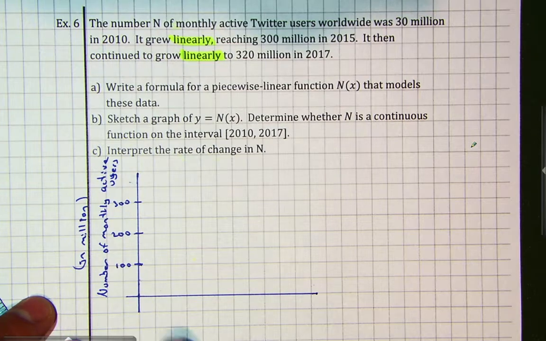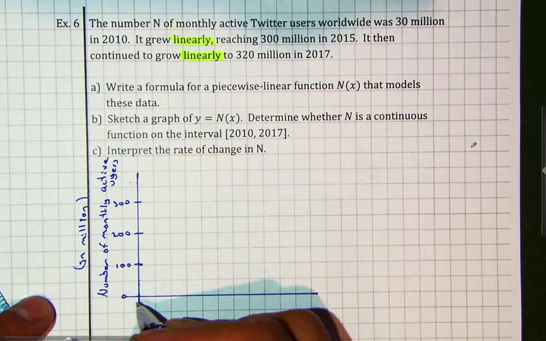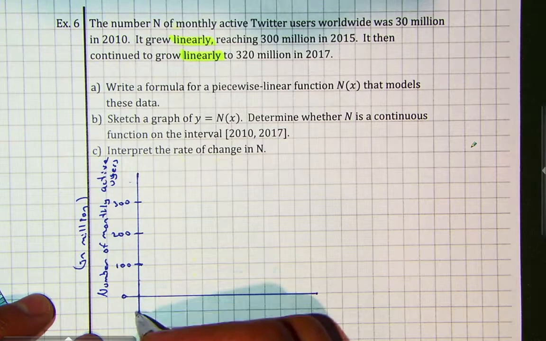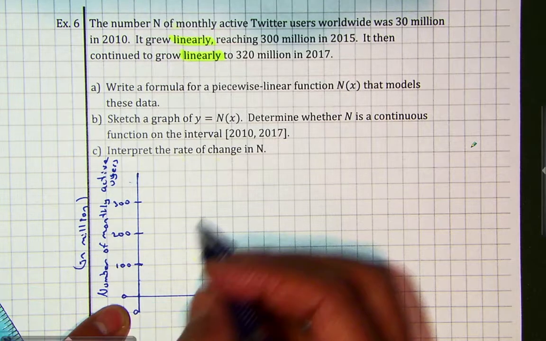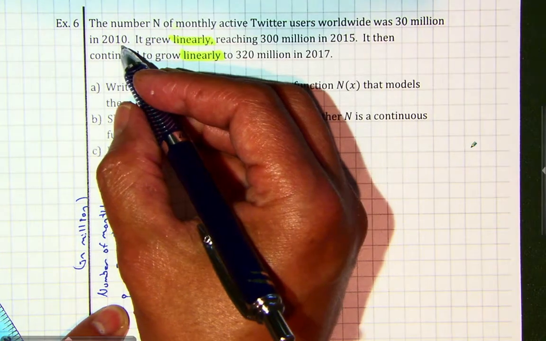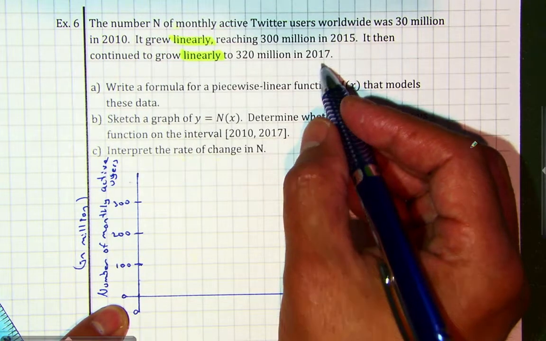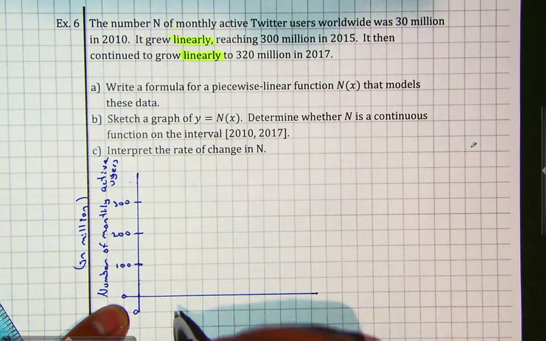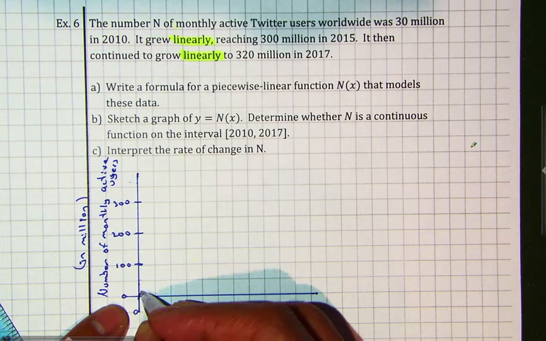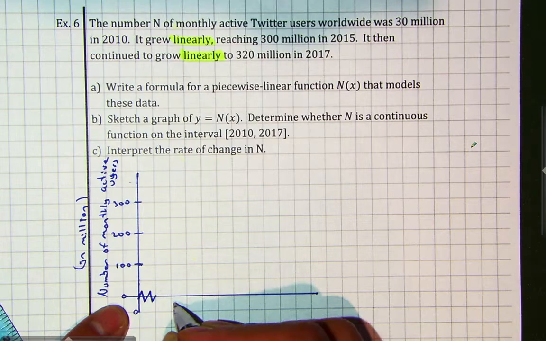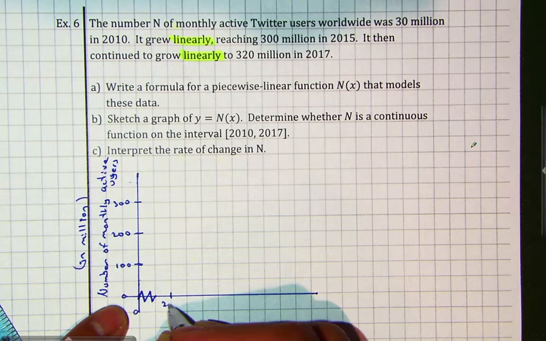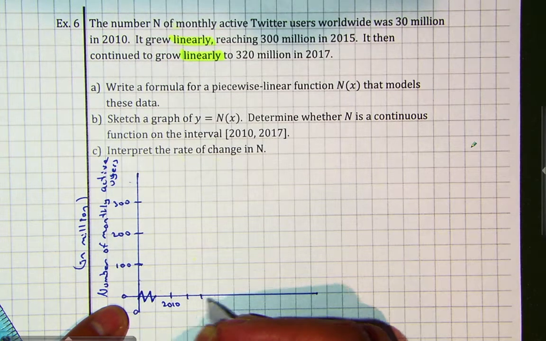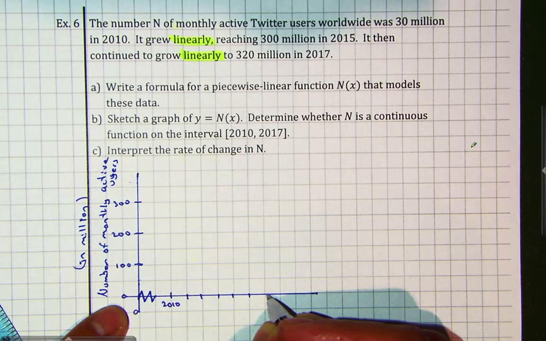Now for the x-axis we're going to use years, and we need to start at 0. For the x we need to start at 2010 and end in 2017. So we can go by 1, 2, 3, but we're going to take a big gap. We're going to start here. This will be 2010, 11, 12, 13, 14, 15, 16, 17.